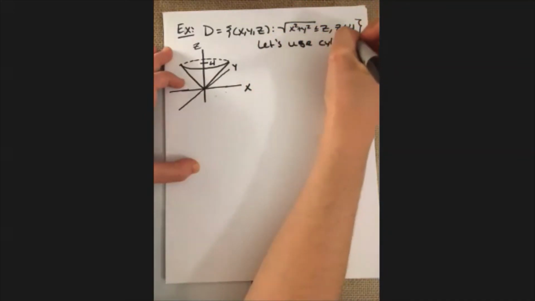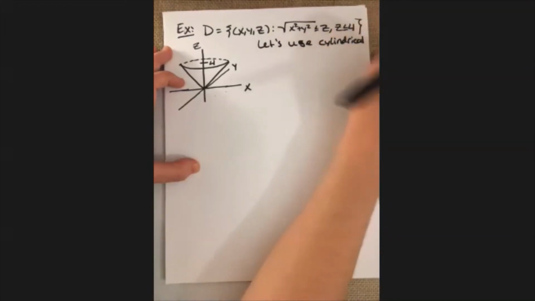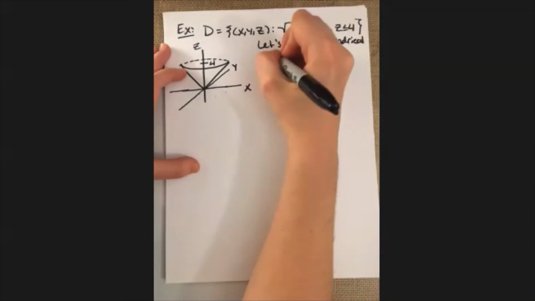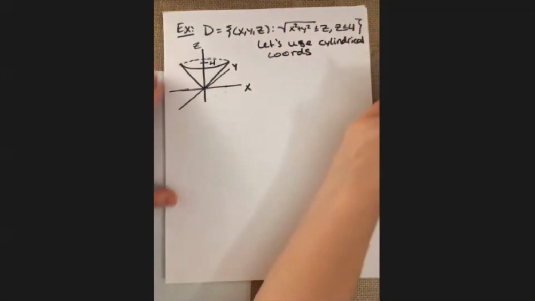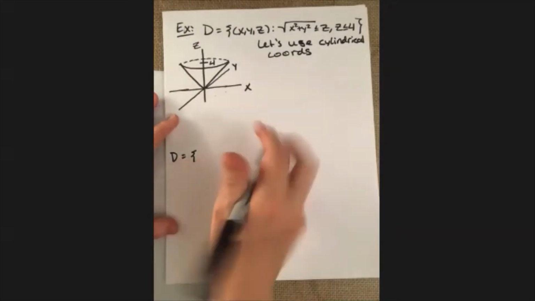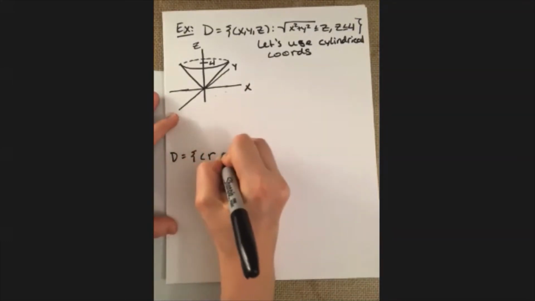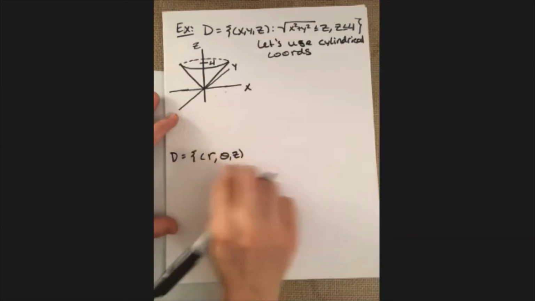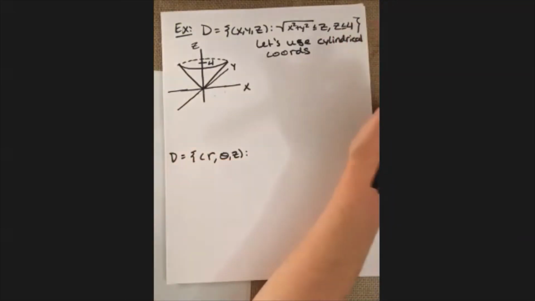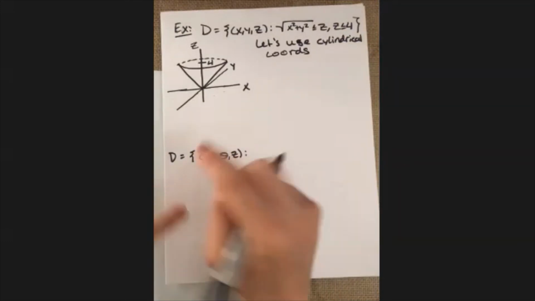A lot of times when you have z like this as one of your restrictions, cylindrical coordinates are going to be your best bet. So when we're going for cylindrical coordinates, remember that our final desired point format is going to be r, theta, z, and we need to get information on each one of these. I guess z is pretty easy, since we're given that it has to be less than or equal to 4, but let's start with r.